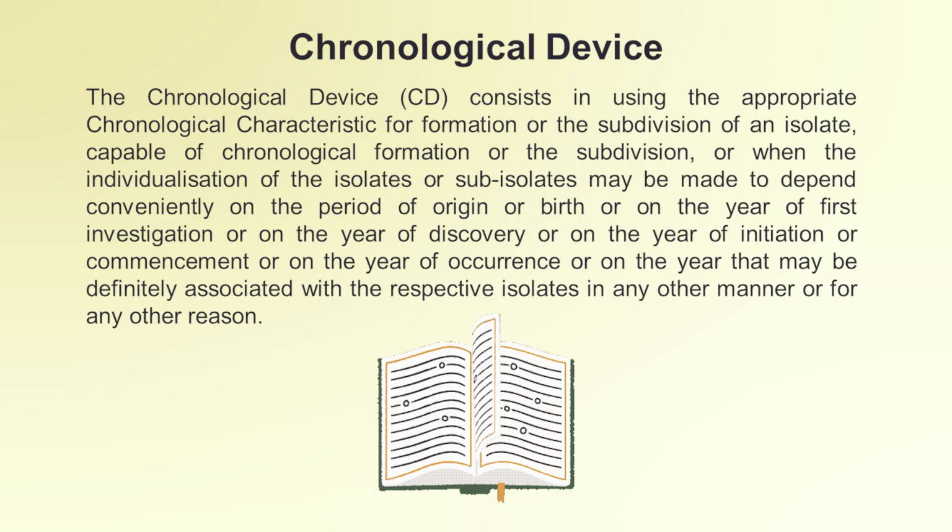Now, the chronological device. The chronological device consists in using the appropriate chronological characteristic for the formation or subdivision of an isolate capable of chronological formation or subdivision, or when the individualization of the isolates or sub-isolates may be made to depend conveniently on the period of origin or birth, or on the year of the first investigation, or on the year of discovery, or the year of initiation or commencement or occurrence, or that may be definitely associated with the respective isolates in any other manner or for any other reason.